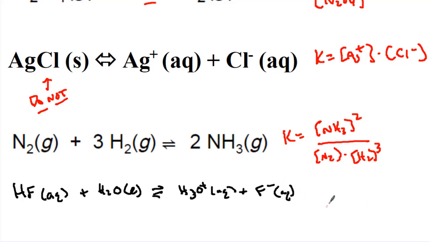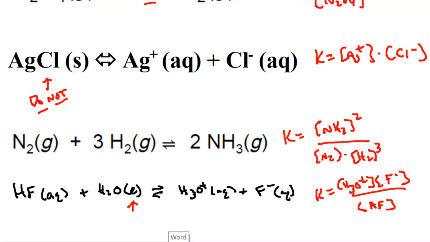And how are we going to do the K for this? Well, we're going to put the H3O plus times the F minus in the numerator over my HF. What is not going to be there is the H2O because it is a liquid. Okay? That's the equilibrium constant.